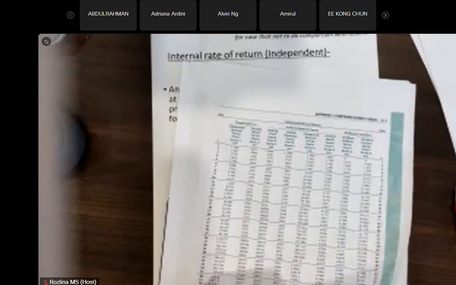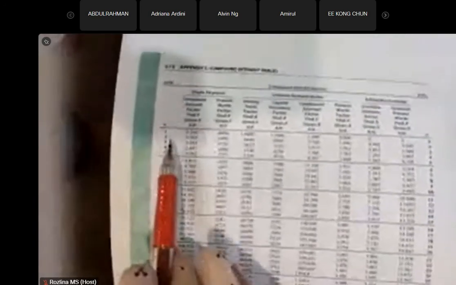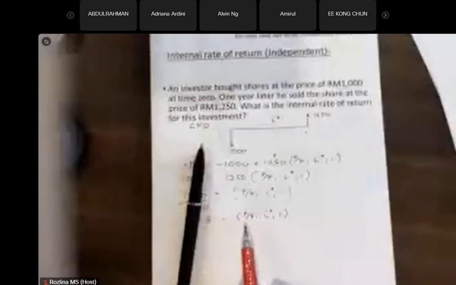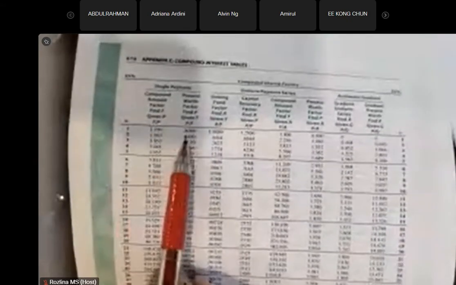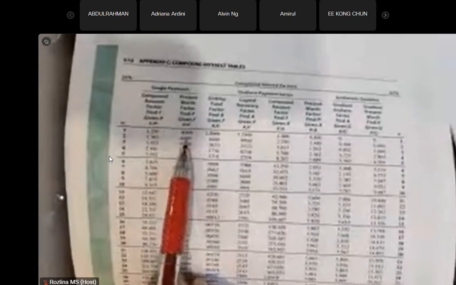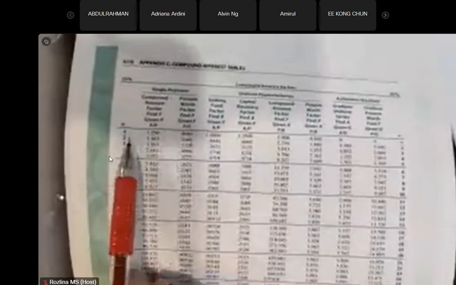Now look at this one. Okay, P over F at 1 should be 0.8. Okay, directly got 0.8. So that means you will use I is 25%.